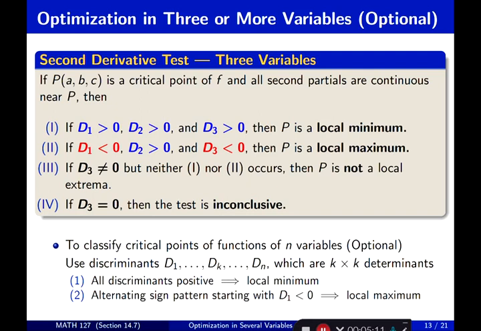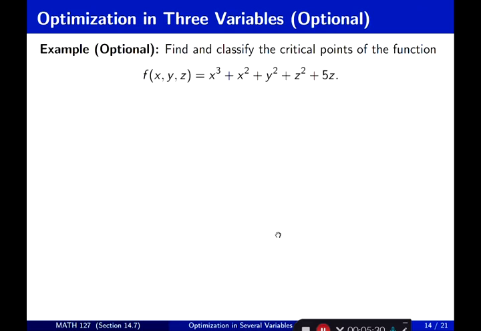If all discriminants are positive, you have a local minimum. An alternating sign pattern starting with D1 less than 0 gives you a local maximum. So that works for all of them.